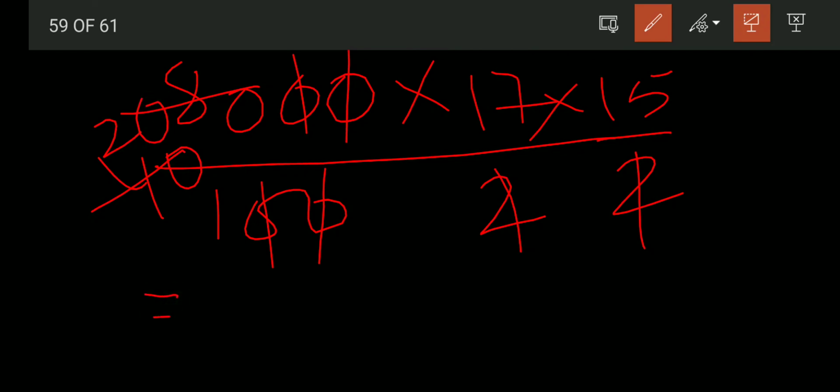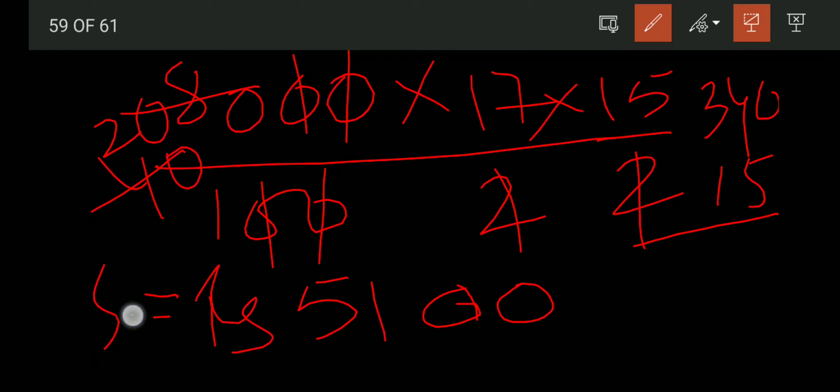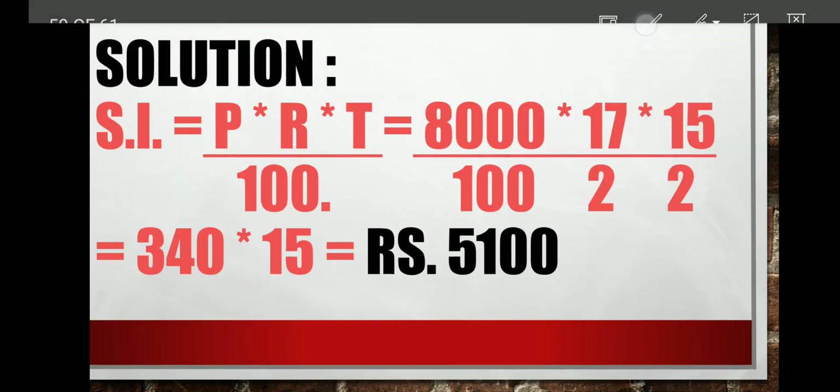So what is here? 20 into 17, that is 17 twos are 34, so 340, into 15. So 15 zeros are 0, 15 fours are 60, carry 6, 15 threes are 45 plus 6, that becomes 51. So simple interest is rupees 5100.